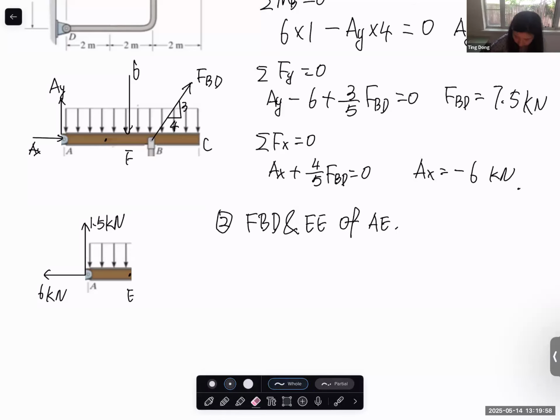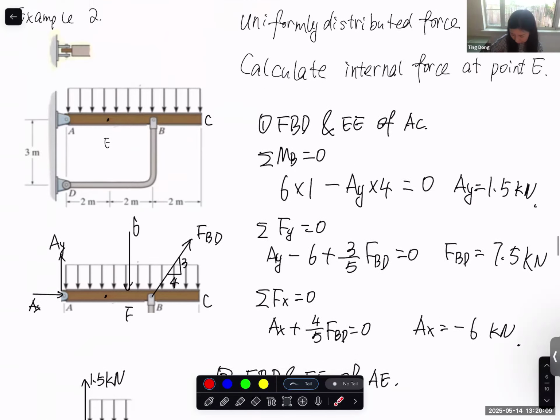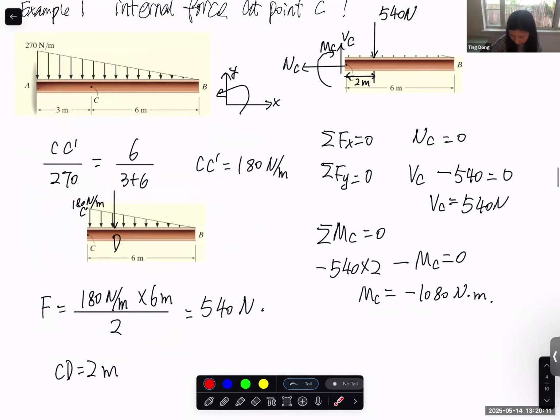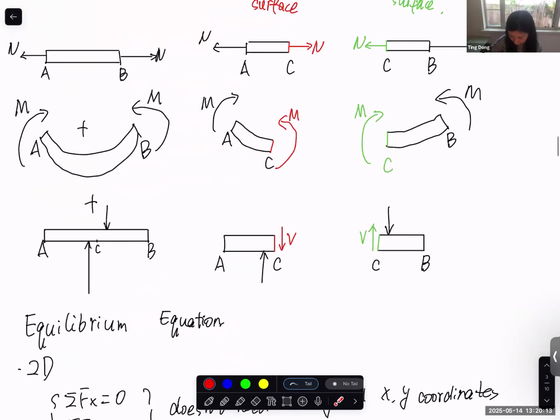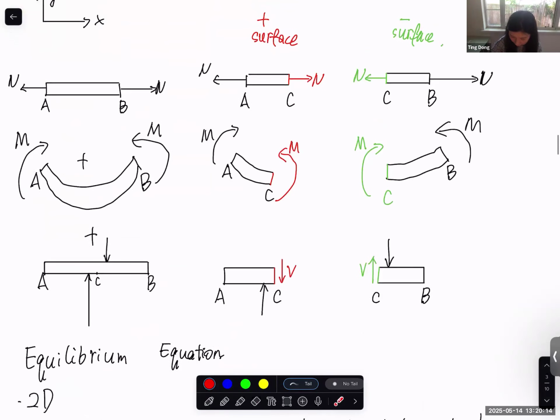And the internal force at point E, since we take left side this time, now this cutting surface is facing the positive x, and so this is the positive x plane. And the positive x plane, for putting the internal force, we should follow this sign convention. This is the positive normal force, this is positive bending moment, this is positive internal shear force.